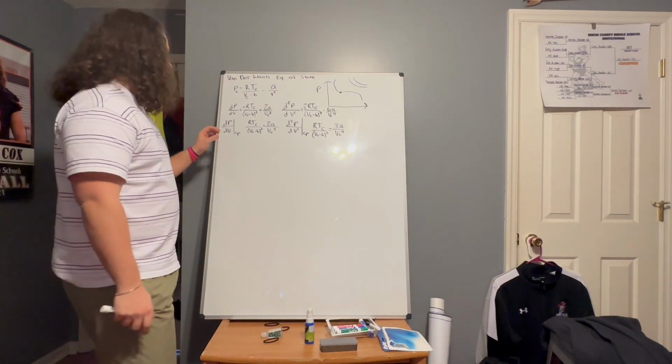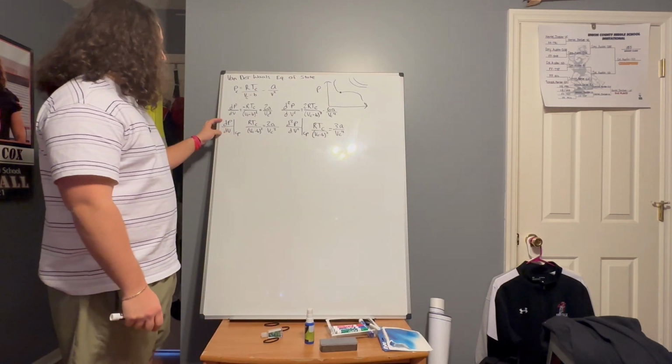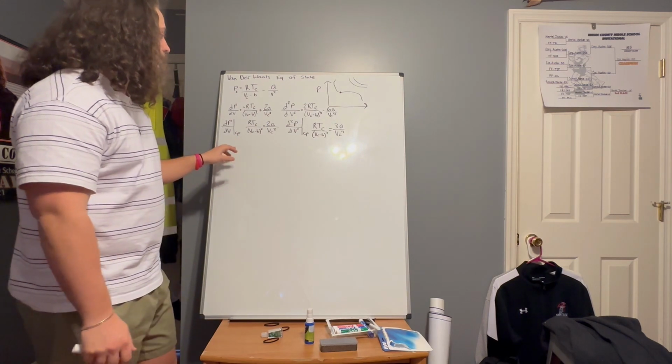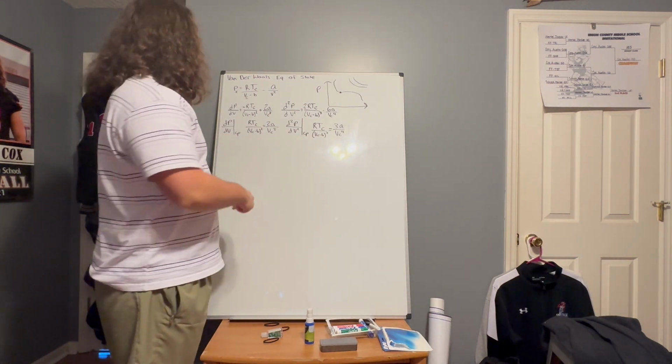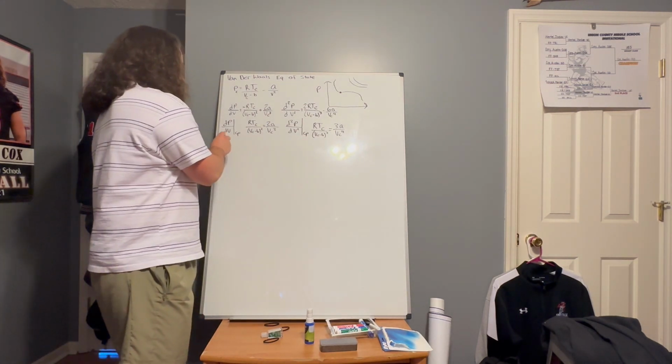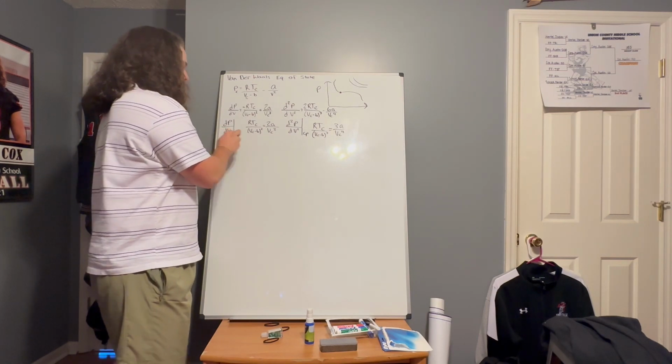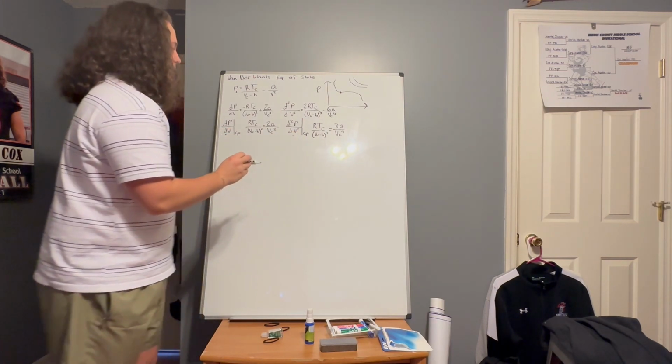Once we evaluate our first and second derivatives at the critical points, we obtain these equations, and then we multiply the first derivative by the inverse of the second derivative.